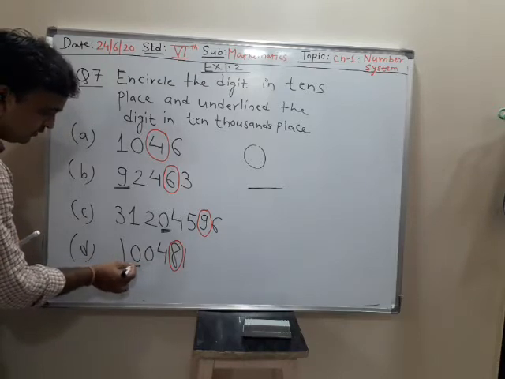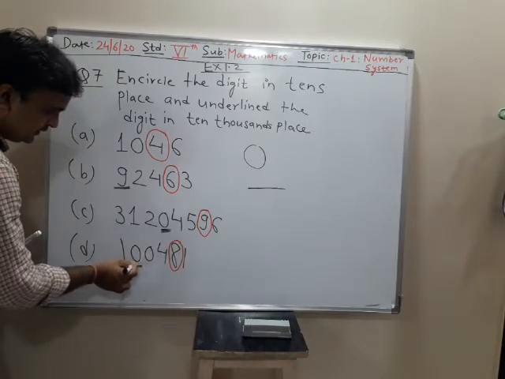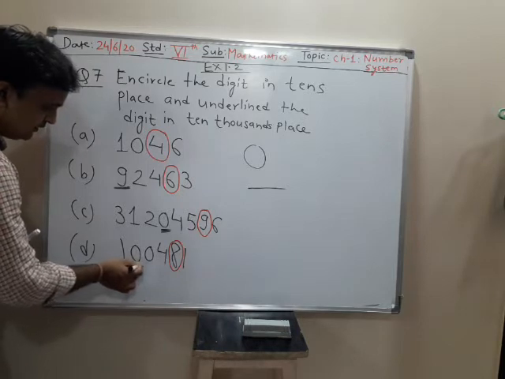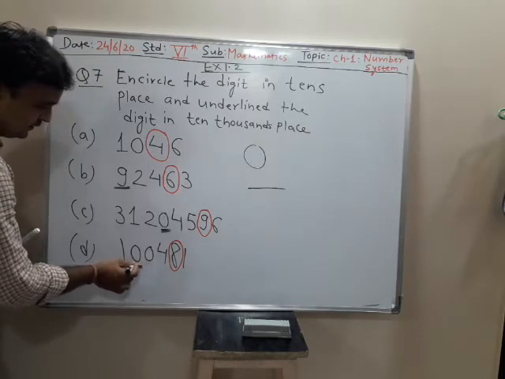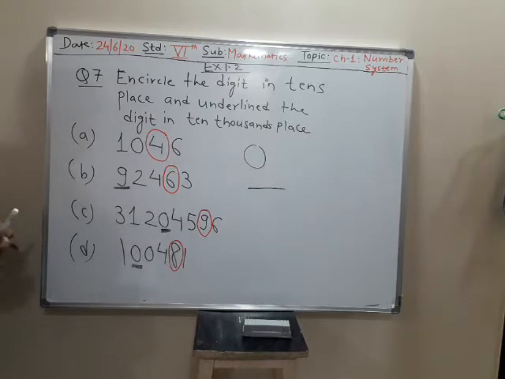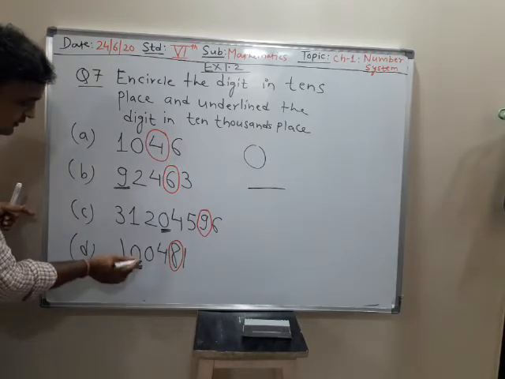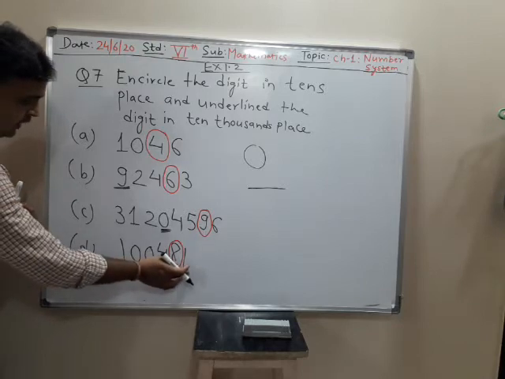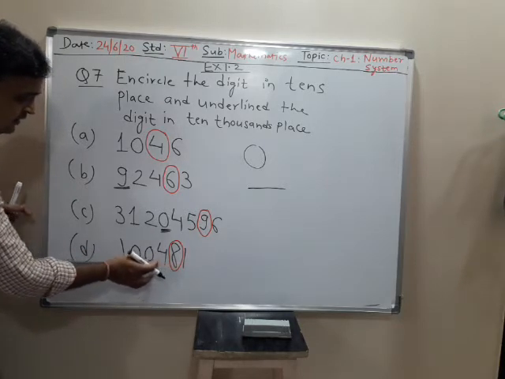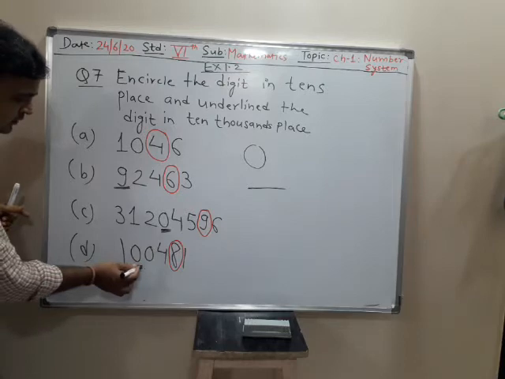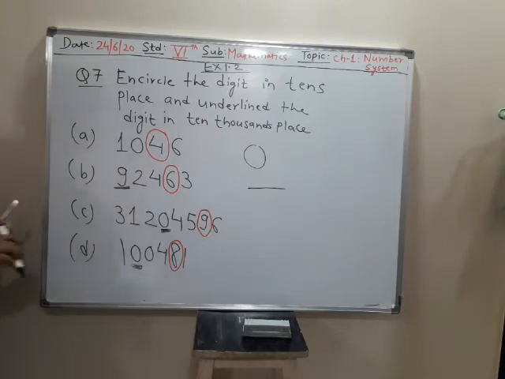This is the 10,000 place digit which I will underline. So this is 0. This 0 I will underline.